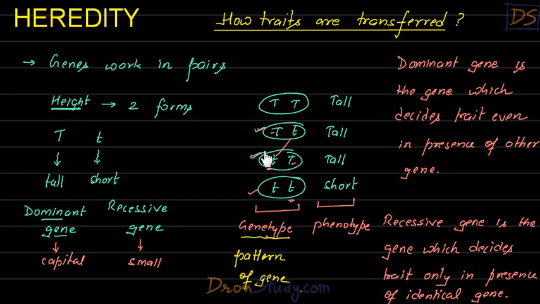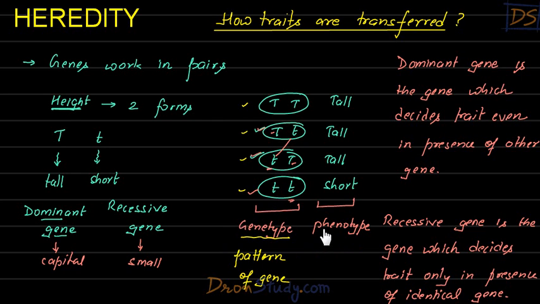So we'll say this is a genotype, this is a genotype, this is a genotype, this is a genotype, right? Because this is a pattern of gene, TT, capital T, capital T. This is a pattern of gene, capital T, small t. This is another pattern of gene, small t, capital T. This is another pattern of gene, small t, small t. So this will be called genotype, right? So when we are talking about genotype, we are talking about the pattern of gene or the type of gene present in the human being or any other organism.